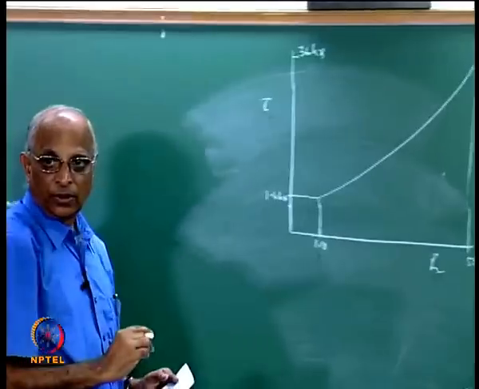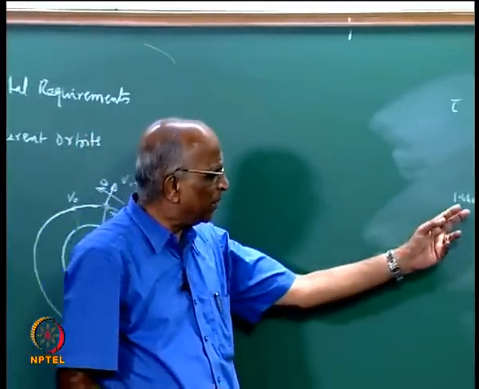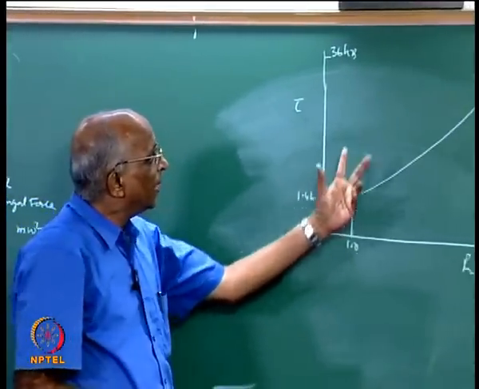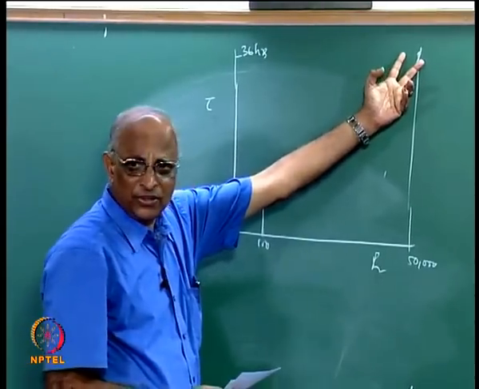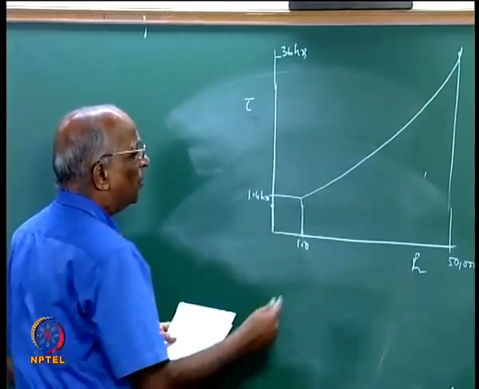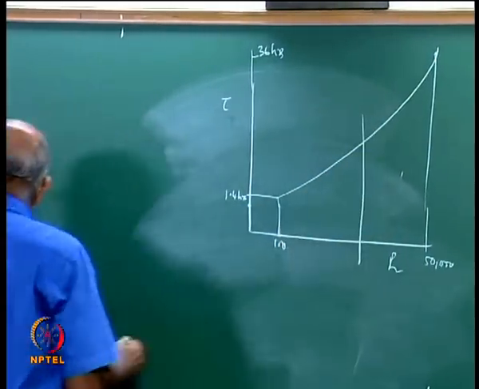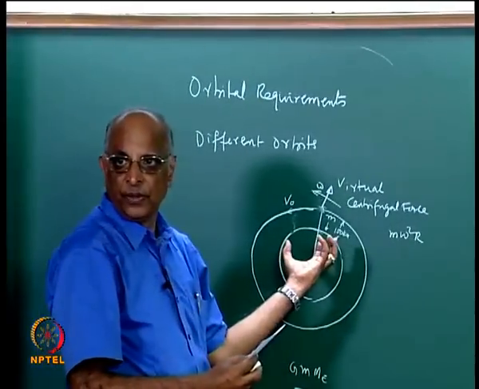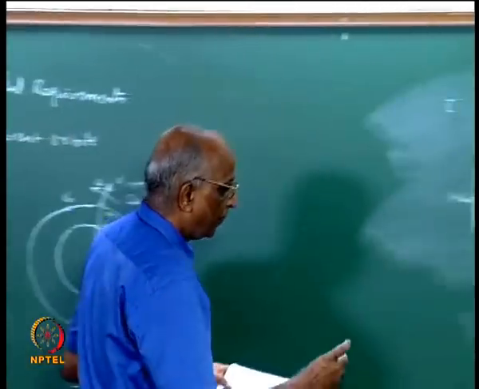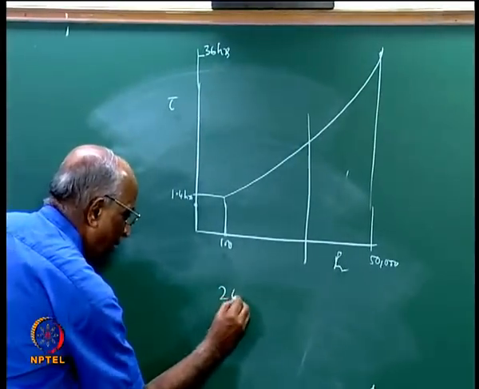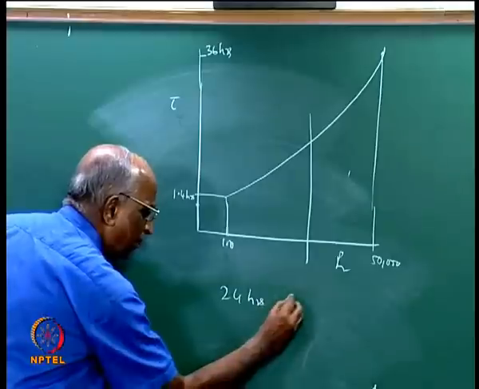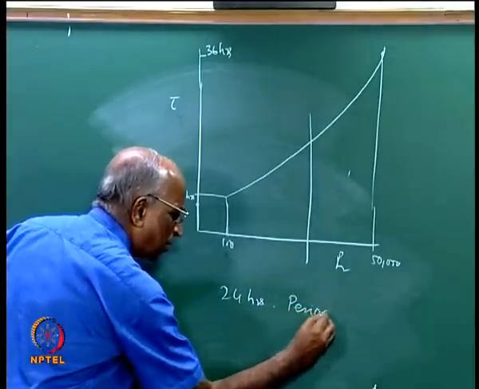Therefore the graph looks like this. Somewhere in between 1.4 hours and 35.7 hours, we have the value corresponding to a single rotation of the earth, and that is 24 hours. That means 24 hours is the period of rotation of the earth.